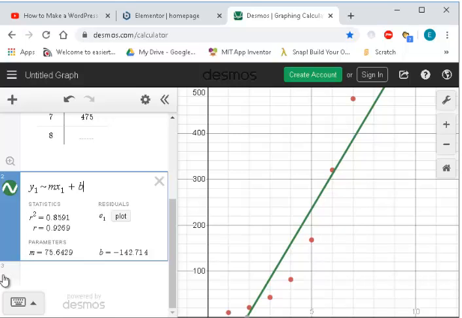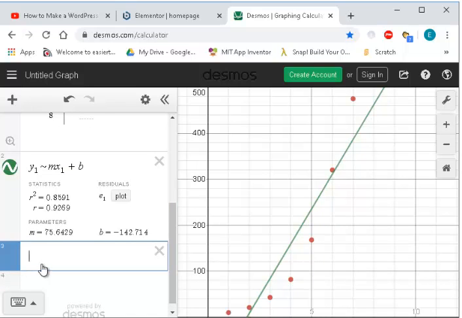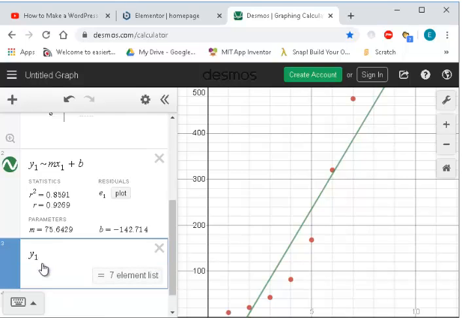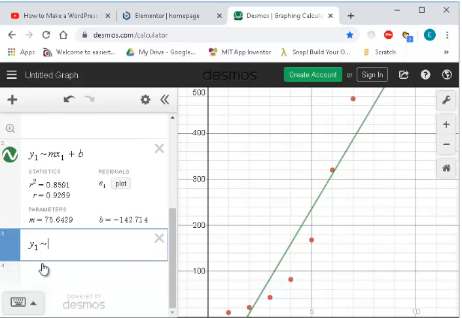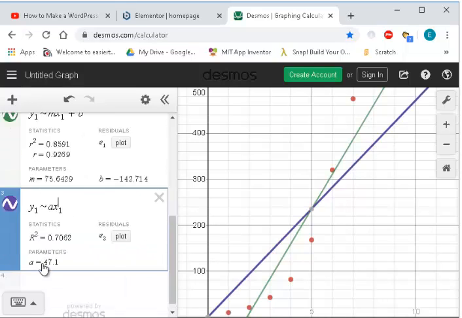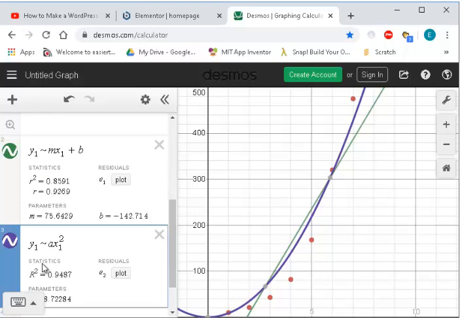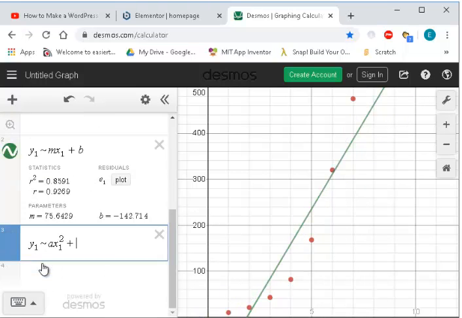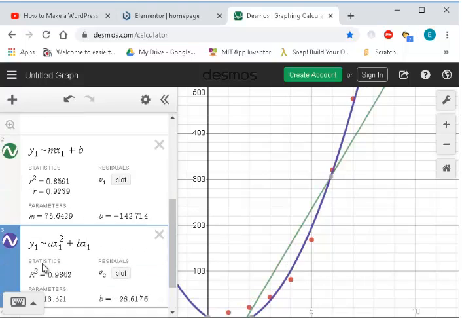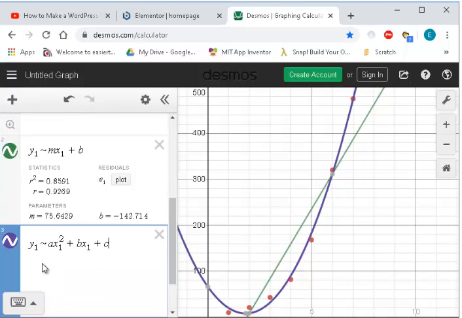Now let's go and do a quadratic regression. We are going to use the standard form of a quadratic equation, which is ax squared plus bx plus c. So I'm going to do the same thing. y1, then the tilde sign, ax1 squared plus bx1 plus c.